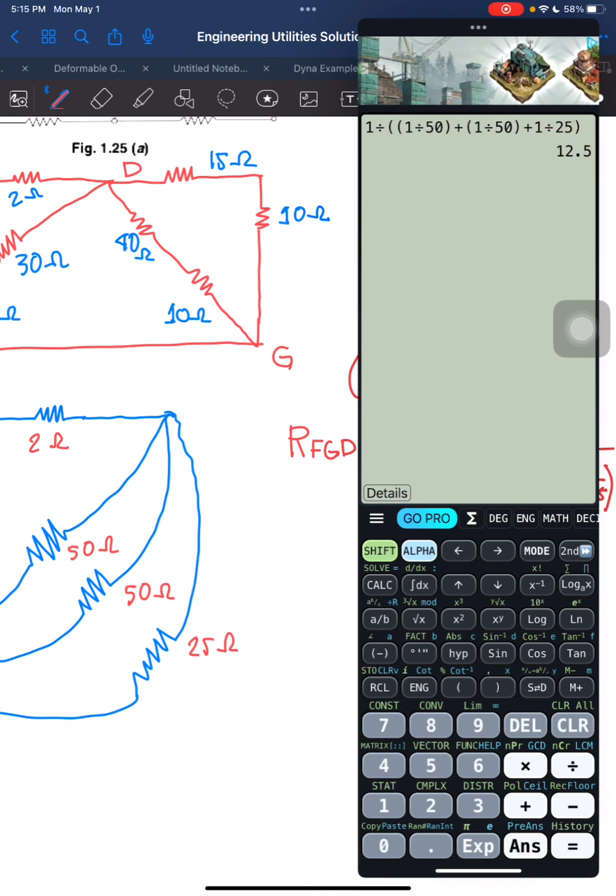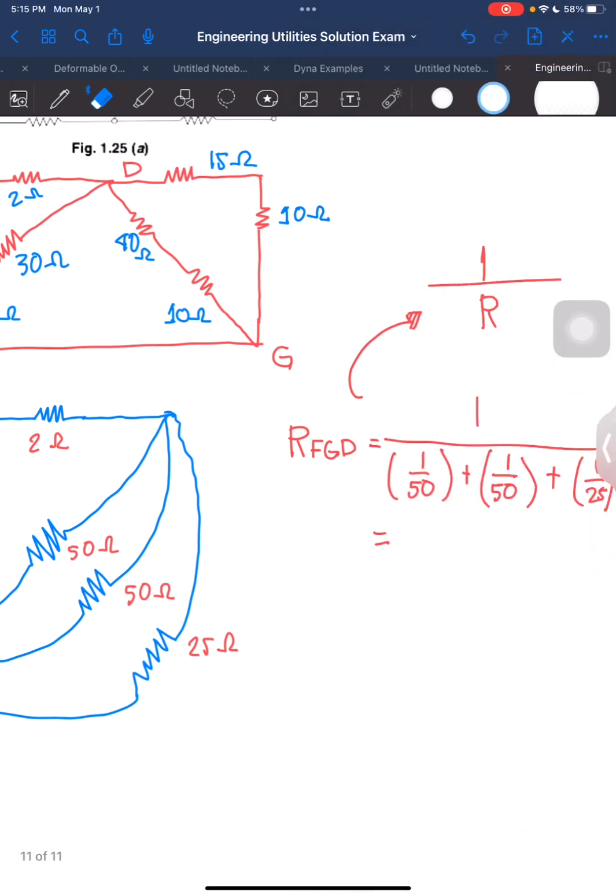Ito ay 12.5. So, resistance at FGD is 12.5 ohms.